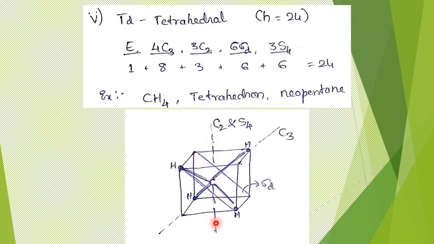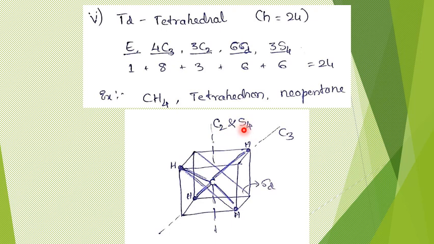On this, if the molecule is rotated by 180 degrees, this hydrogen takes this position, this hydrogen takes this position. Simultaneously, even these 2 hydrogens change their position. Therefore, this axis is a C2 axis. And we can easily understand 3 such C2s will be possible. One will be this, the other one like this, and the third one like this. 3 such C2s will be possible, and these C2s are collinear with S4.